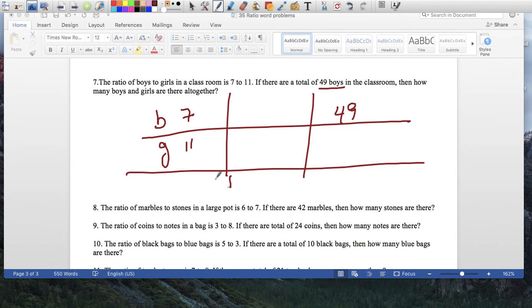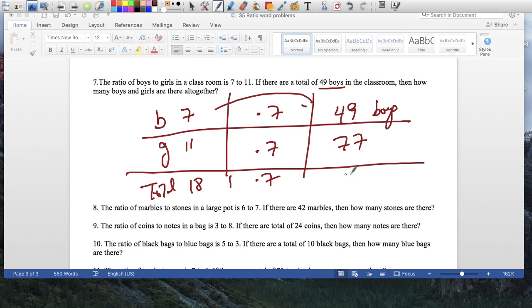Well, total is 18, right? If there are 49 boys, what's the multiplier? Times 7. 7 times 7 is 49, so it's going to be times 7 and times 7. So we're going to get 77 and 126. So how many boys and girls are all together? The total would be 126.